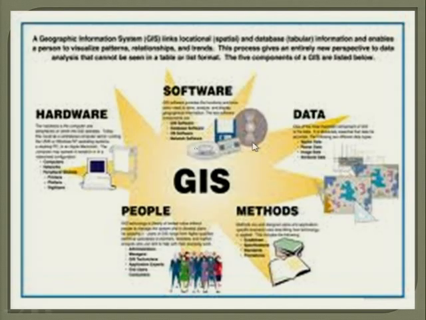Under the components of GIS, you've got your software, then you've got your hardware, you've got people, you've got the methods of collecting data, and then you've got the information itself. Now, for you to get the information, it's important that you use the first resource, which is people.